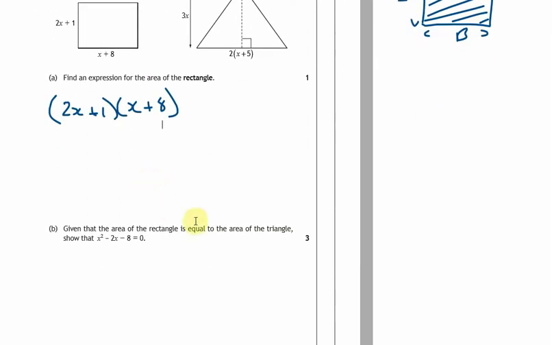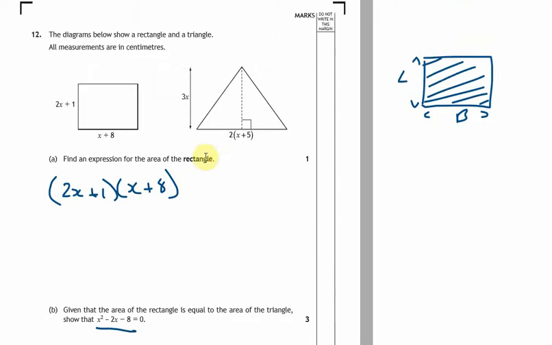Alright. Given that the area of the rectangle is equal to the area of the triangle, show that this is true. So now what we need to do is work out an expression for the triangle, don't we? So what is the area of a triangle? Well, a half base times the height is your standard equation for any triangle.